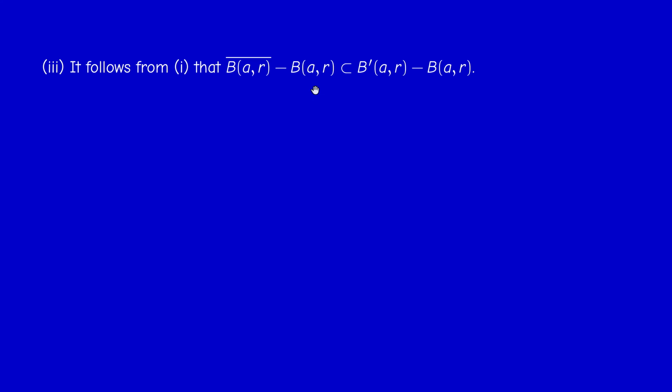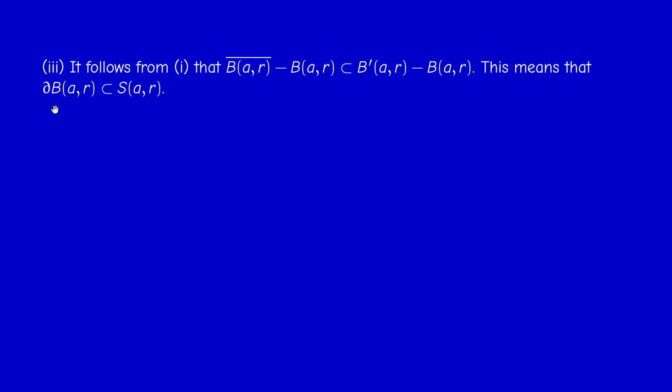But this term is just the boundary by definition, because the open ball is open, so the closure of BAR minus BAR is the closure of BAR minus the interior of BAR. So if you go back to the definition, you get the closure minus the interior, but since this is open, it's equal to its interior. So this is just the boundary. And this is by definition the sphere of center A and radius R.